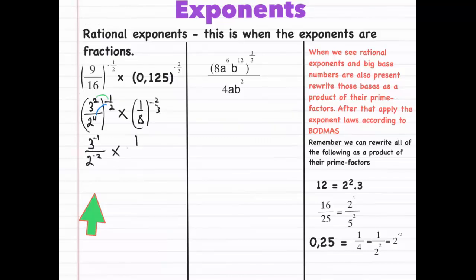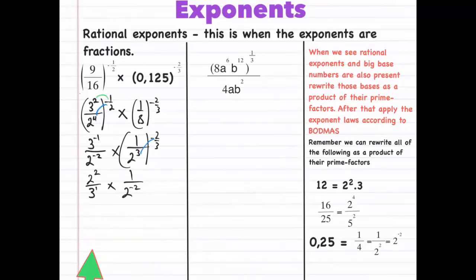Times, and this will be 1 over 2 to the power of 3, because I can still rewrite an 8 as a product of its prime factors, and leave the minus 2 over 3 as the exponent. Well, then I can quickly swap these two around, which will then be 2 to the power of 2 at the top, 3 to the power of 1 at the bottom, and this will be 1 over, write the 2, 3 times minus 2 over 3, that will just give me a minus 2.